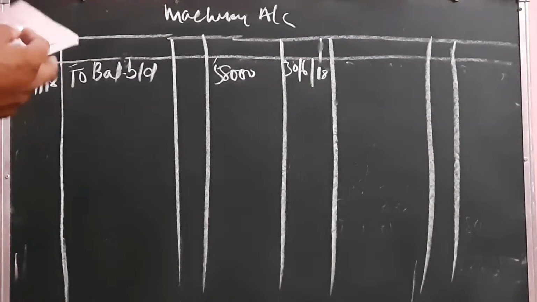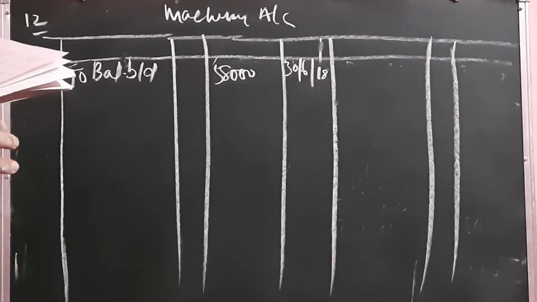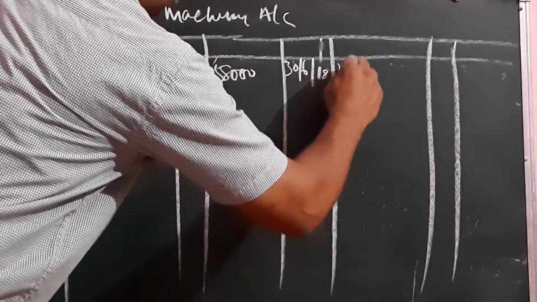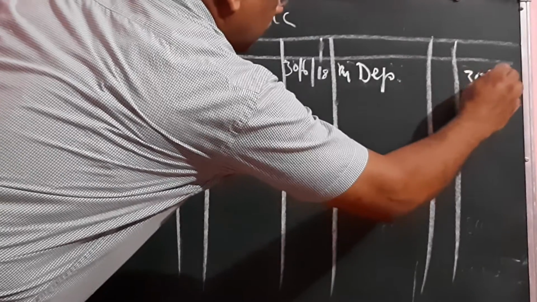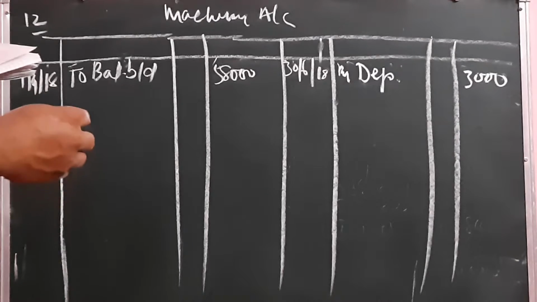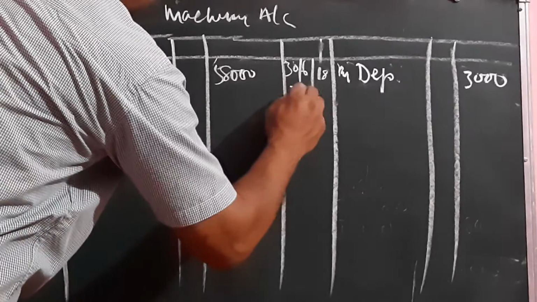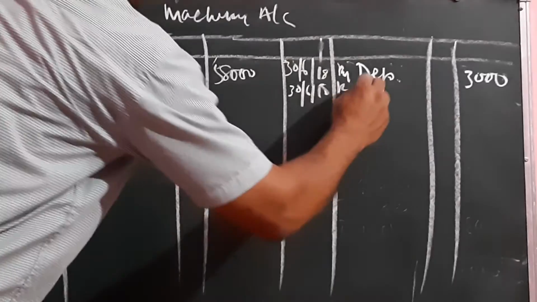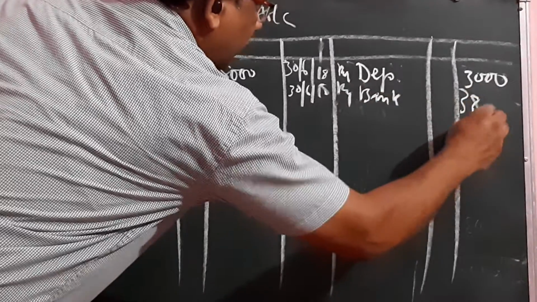Depreciation for 3 months. On the 40,000 value, the depreciation charge is 3,000. So by depreciation is 3,000, and it is sold on 30 June for 38,500, bank 38,500.